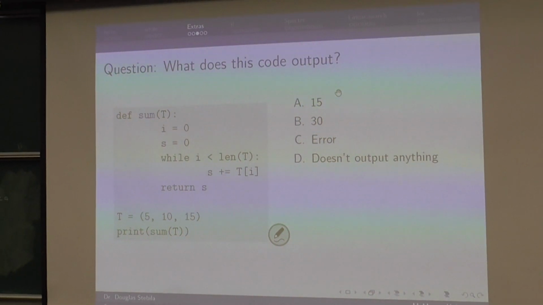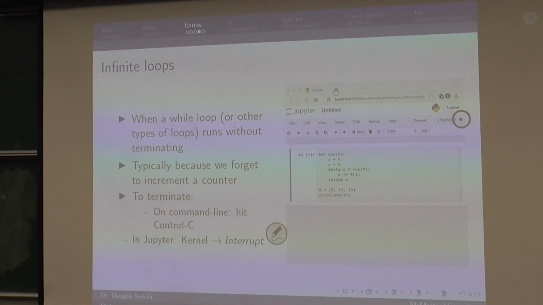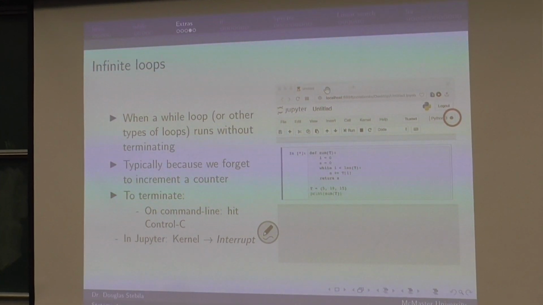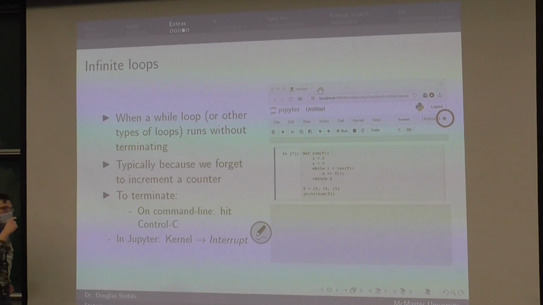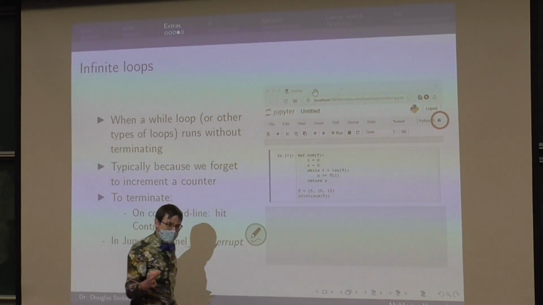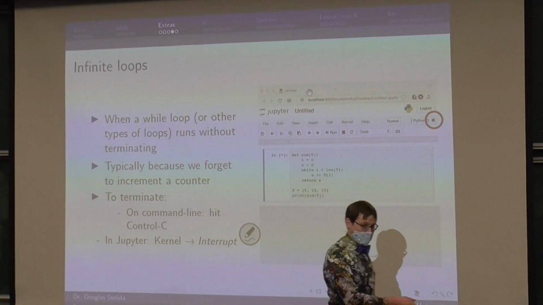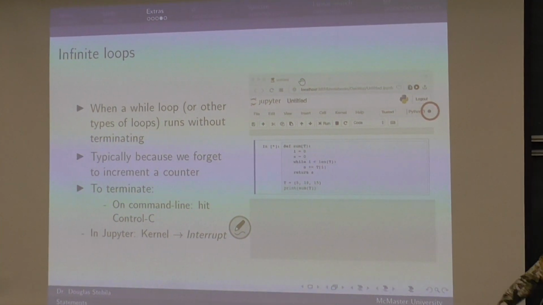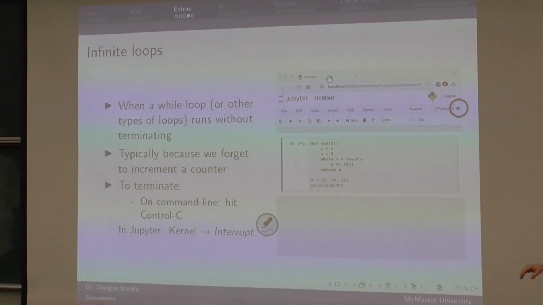Anyway. Depending on where the infinite loop occurs, it can actually crash the computer. Most of the time the operating system will handle it, so you don't have to worry about it.